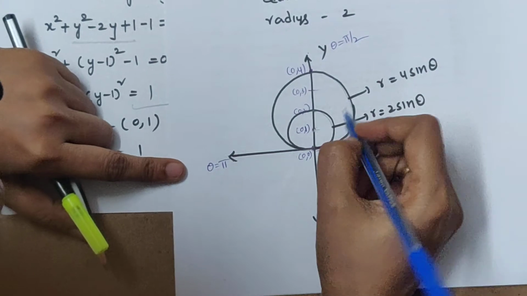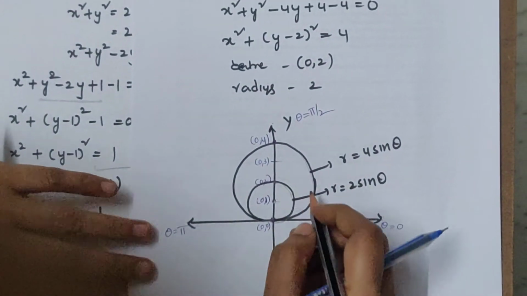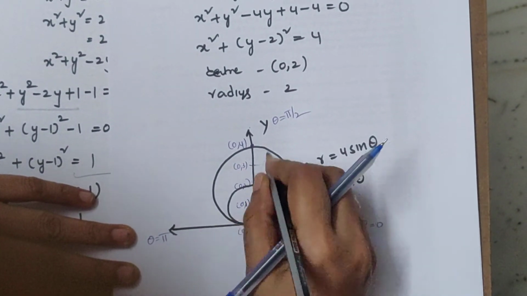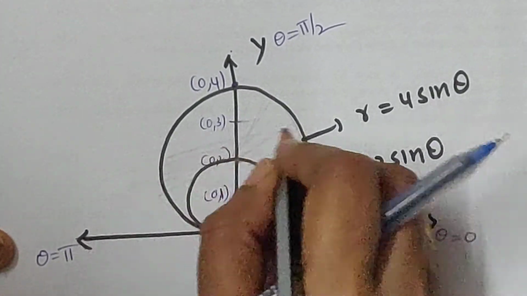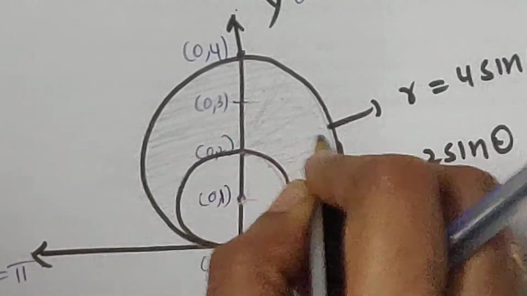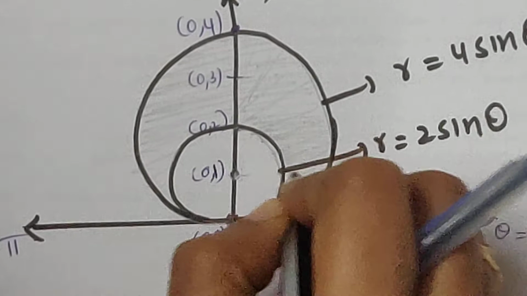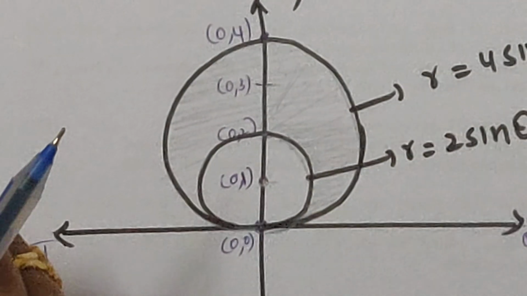Now the region of integration is included between the circles. So this shaded part is the region between the circles, and in this shaded part we have to evaluate the double integral. Actually, in the Cartesian plane, after identifying the region of integration we take either a horizontal strip or a vertical strip.